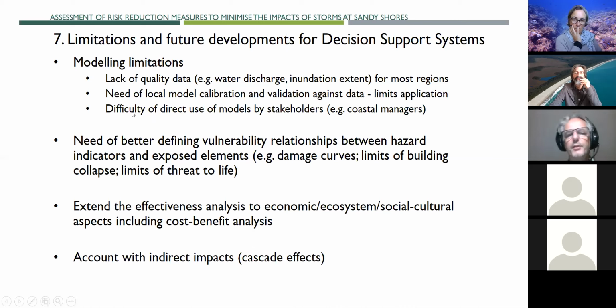There is also difficulty in the direct use of models by stakeholders. I would say that only a reduced number of coastal managers will be able to use these kinds of models. And thus we need to translate these models into tools that are easy to use by coastal managers.